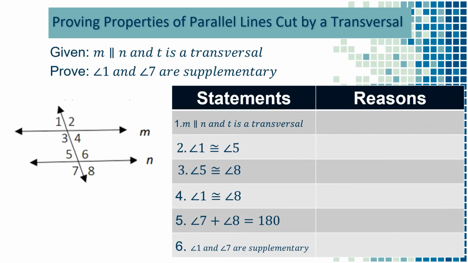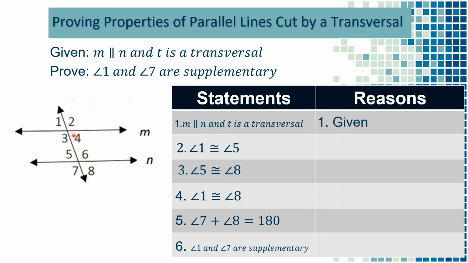Another example, so we have given M is parallel to N and T is a transversal. So we are going to prove that angle 1 and angle 7 are supplementary. To prove that, we have to complete the two-column proof. For statement number 1, M is parallel to N and T is a transversal, and that is coming from the given.